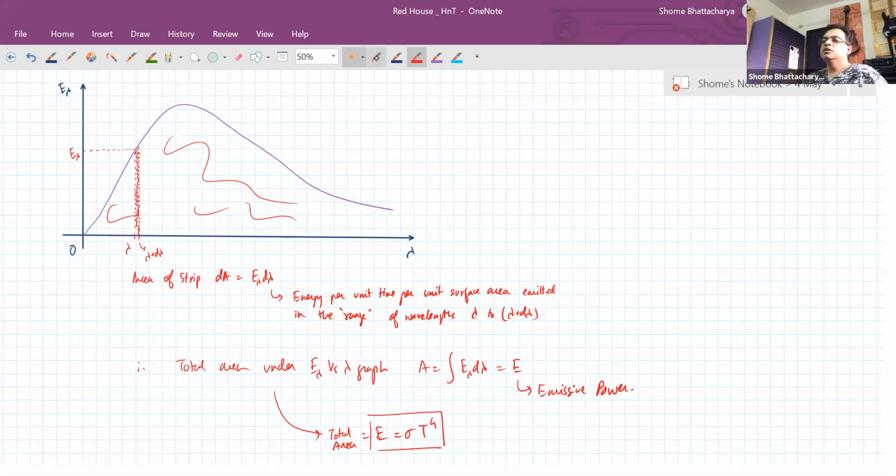And the other important thing about the graph is the relationship between the peak wavelength and the temperature at which this graph exists.